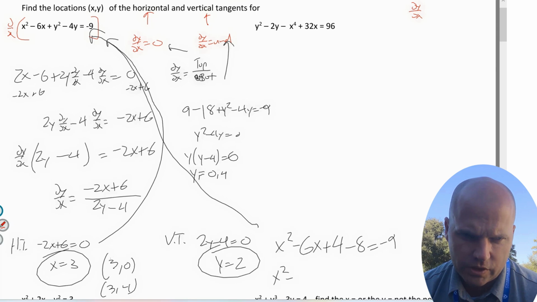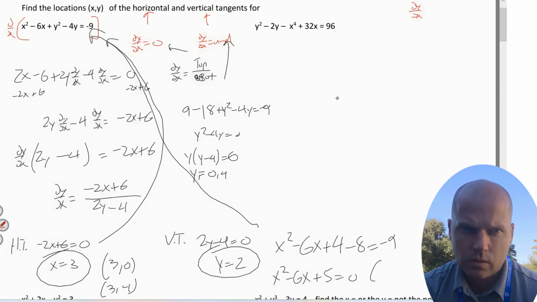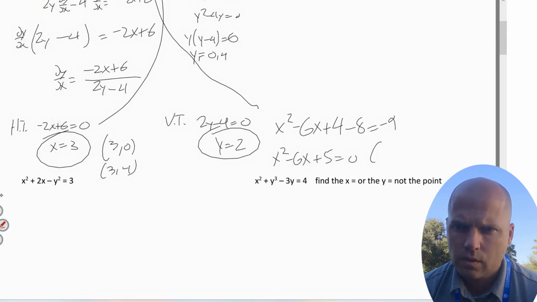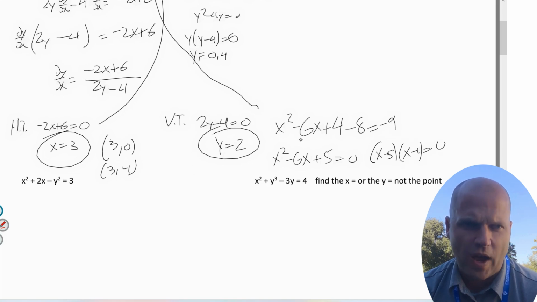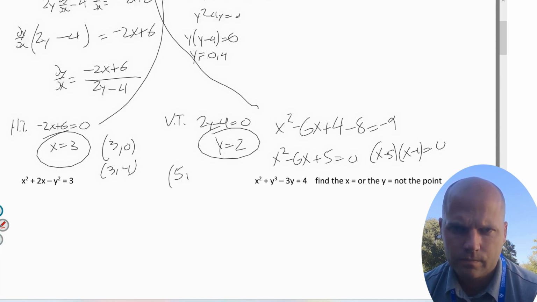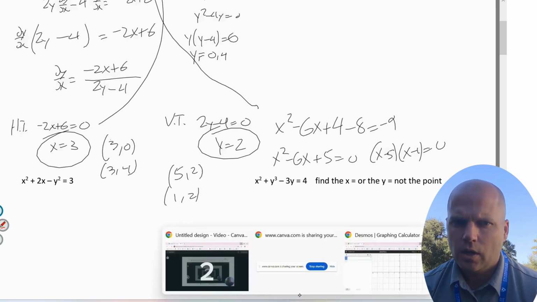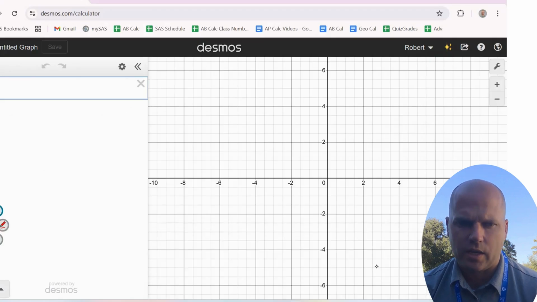Move everything onto one side. So that's x equals 5, x equals 1. All right, so let's double check.